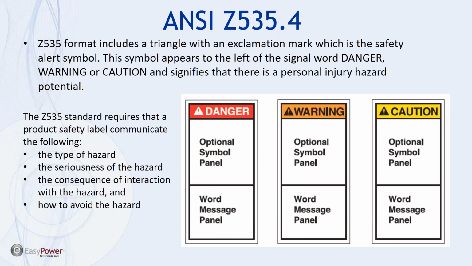Warning is about a hazard that could cause injury, human injury or equipment injury, and then danger is pretty much allocated to potential for mortal injury.